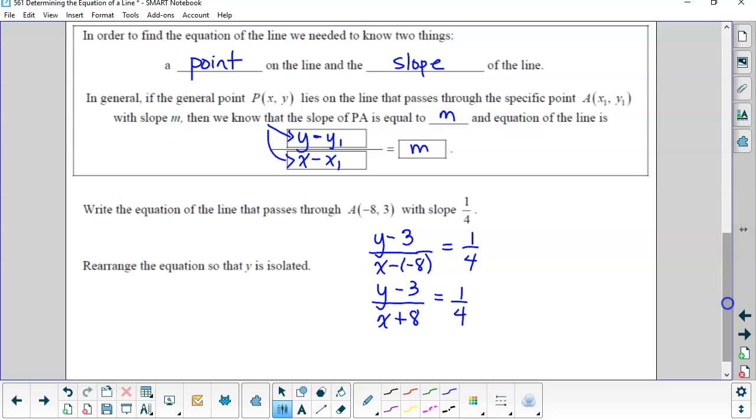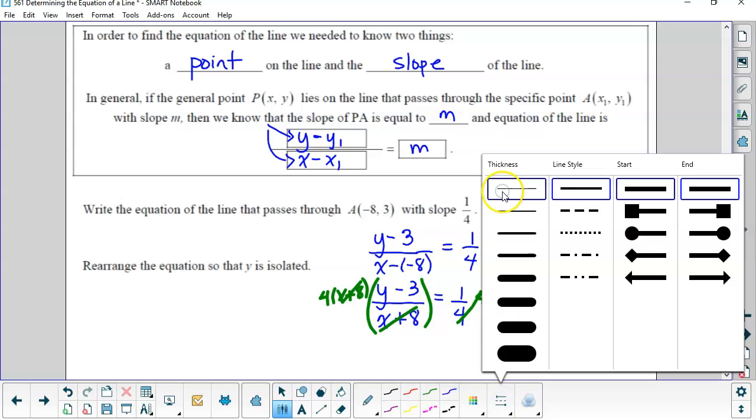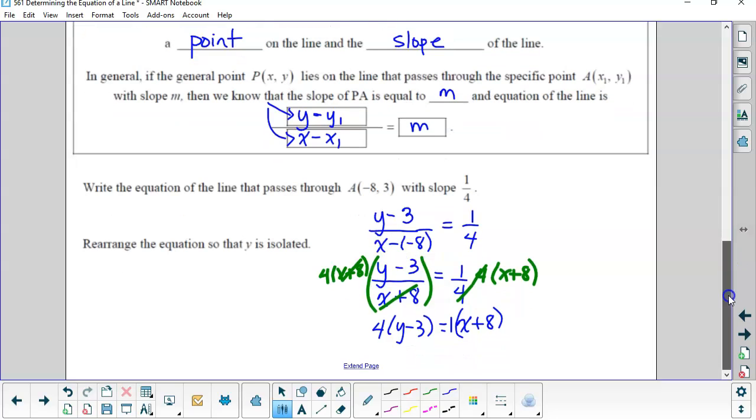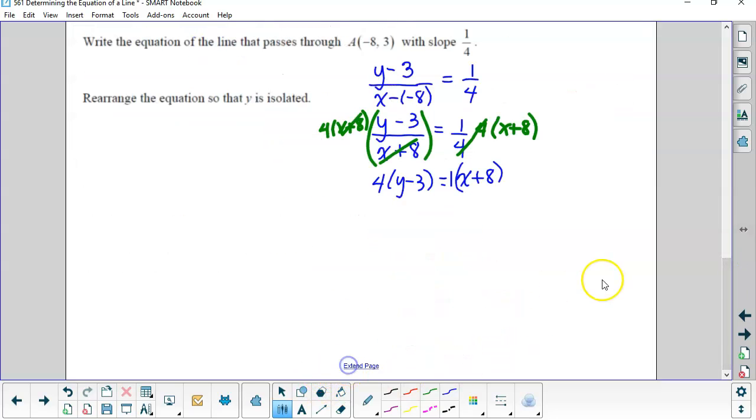So really you're going to multiply through by 4 times x plus 8, or you can call it cross multiplying if you really want to. So those divide out, right? So you get 4 times y minus 3 equals 1 times x plus 8. Well, 1 times x plus 8 is just x plus 8. Okay, we need to isolate for y.